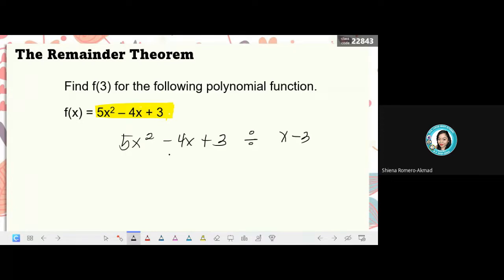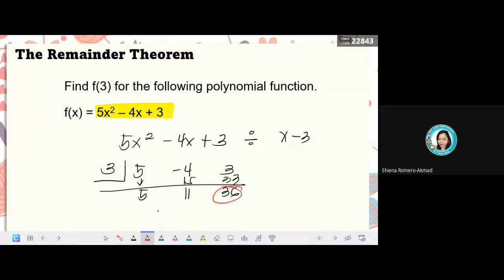So pag divide natin siya, this is 5, this is negative 4, this is 3. Divide natin siya sa positive 3. We have bring down 5. 5 times 3 is 15. Plus 4 is positive 11 times 3 is 33. So we have 36. Okay? So makukuha na natin yung remainder. Right? And we can use this actually, or we can use the remainder theorem, which is much easier.